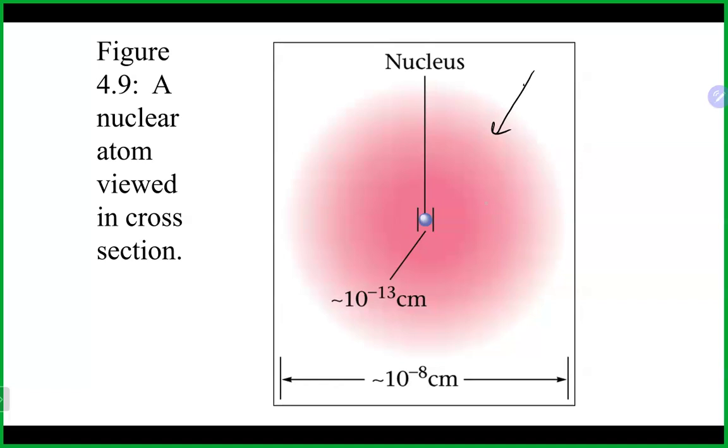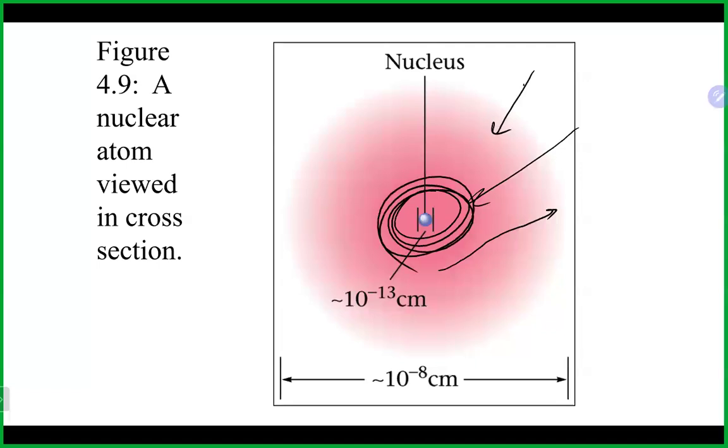The darker pink color means there's probably a greater chance of finding an electron in that area. It's a greater electron density, if you will. And as you fade out, it gets lighter pink. That means there are not as many electrons hanging out there on the edges, but there's a good chance you can still find one. We do see most of the dark color near the nucleus, which makes sense in terms of that opposite attraction.